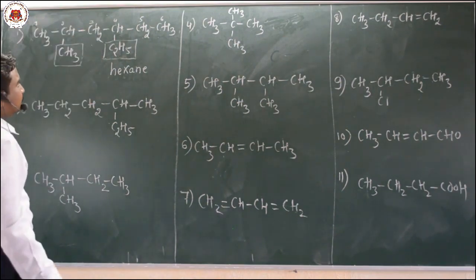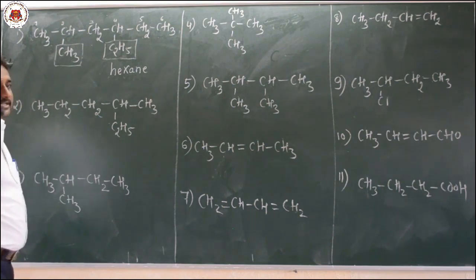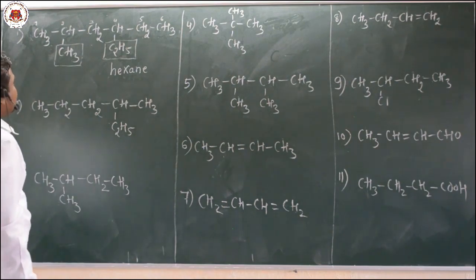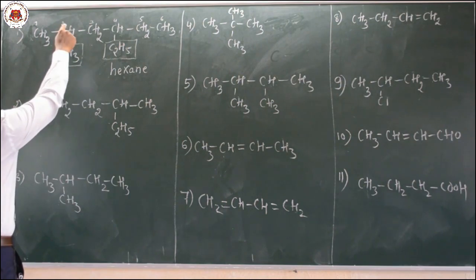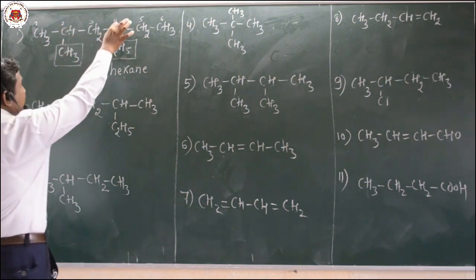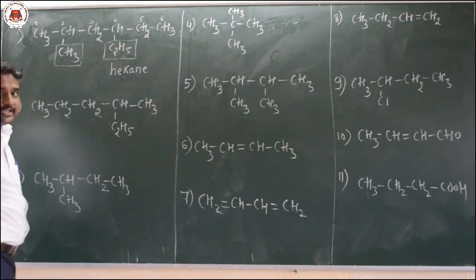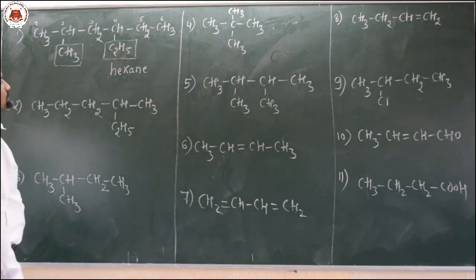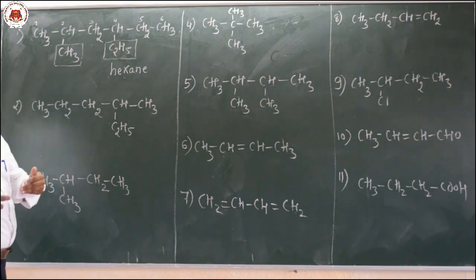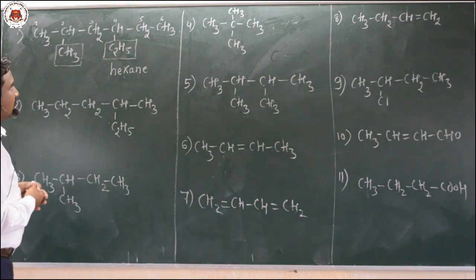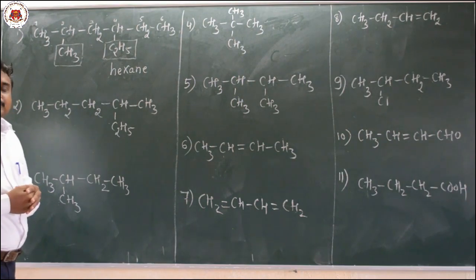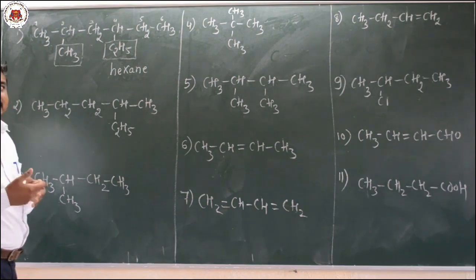And also you have to mention the position of the substituent groups. Now at the second position we have a methyl group, and at the fourth position we have an ethyl group, C2H5. Next, if you have the same substituent group we use di, tri, tetra like that.